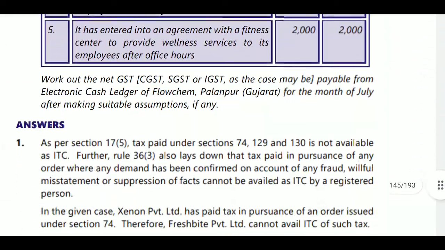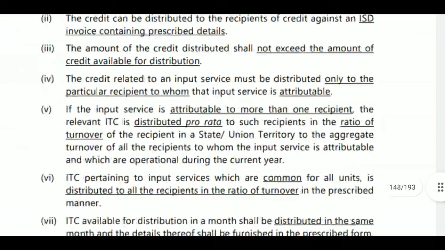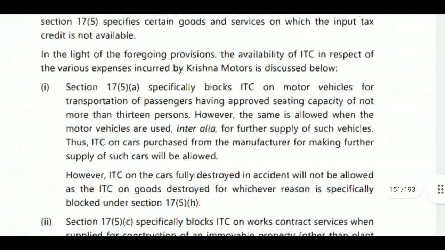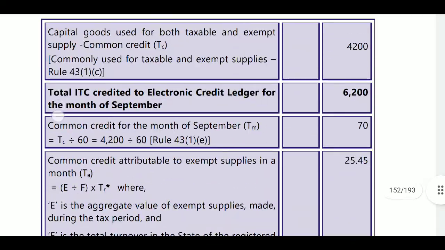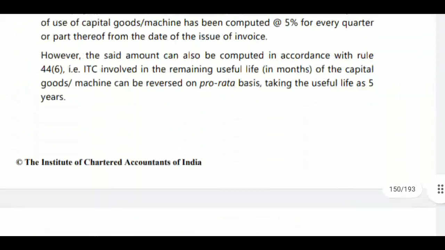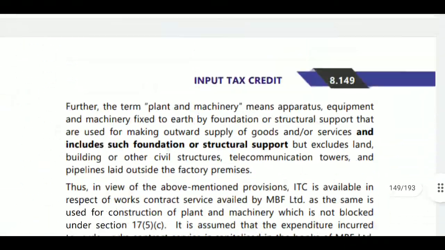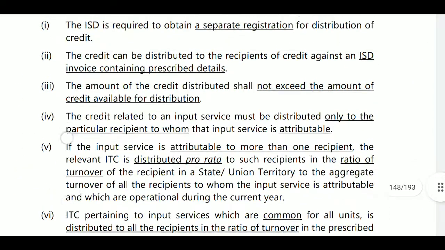There are 10 to 12 such points for ISD distribution. Okay, the 7th question answer will be provided like this.